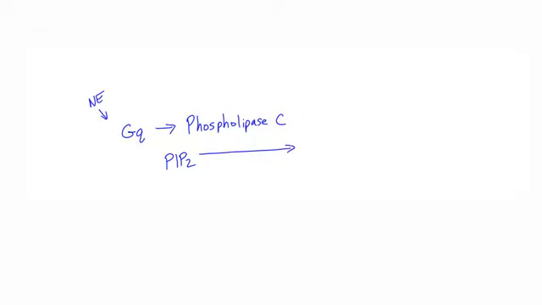So phospholipase C cleaves PIP2 into two chemicals, IP3 and DAG, and both of these have downstream effects. IP3 is inositol triphosphate, and inositol triphosphate increases intracellular calcium. Again, calcium is very important. That increase in intracellular calcium can then mediate any number of different effects.